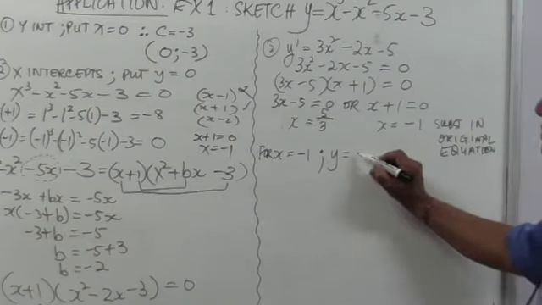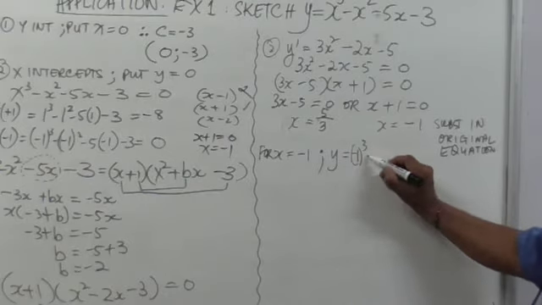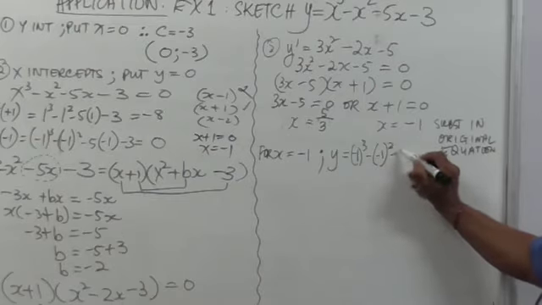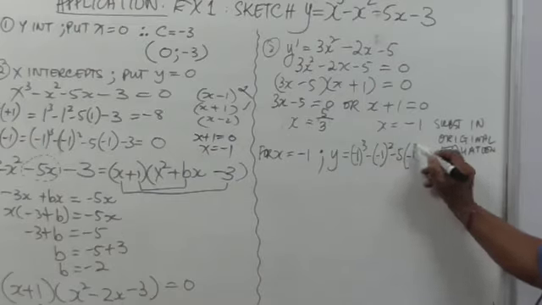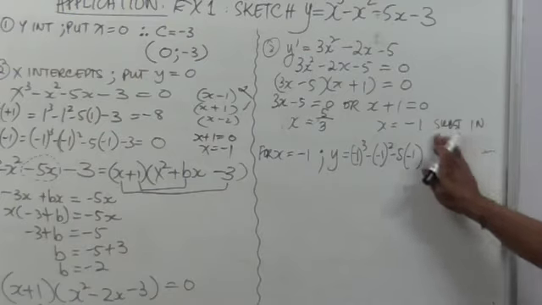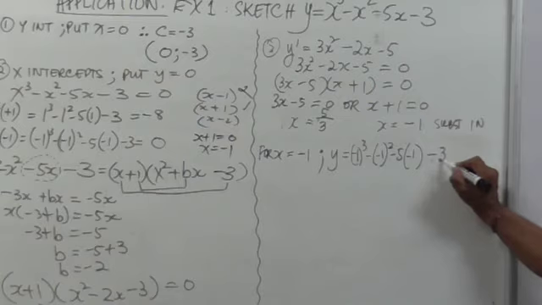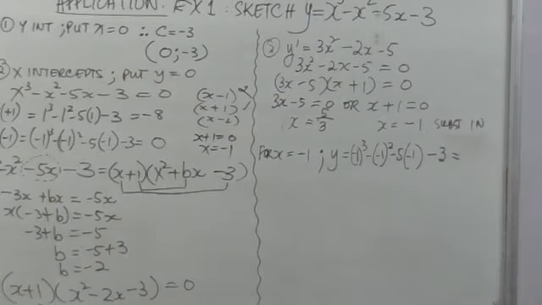So y is equal to minus 1 cubed minus 1 squared minus 5 into minus 1 minus 3, and that will give you the final answer. Let's see.